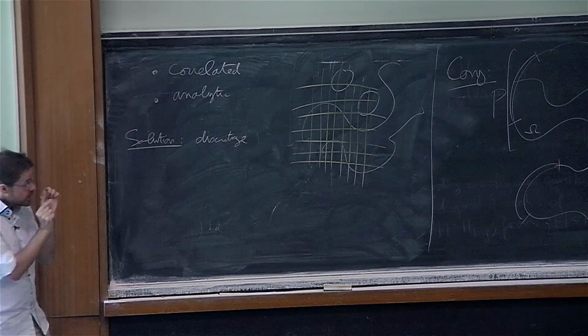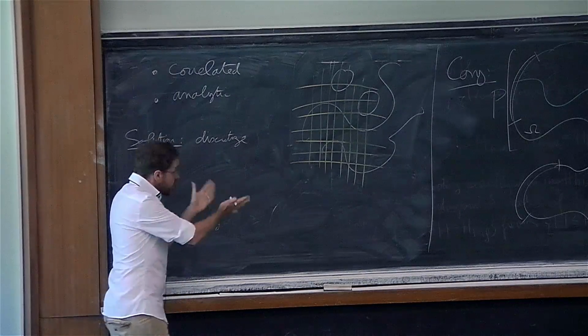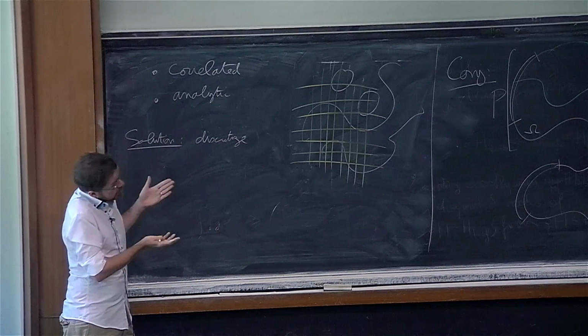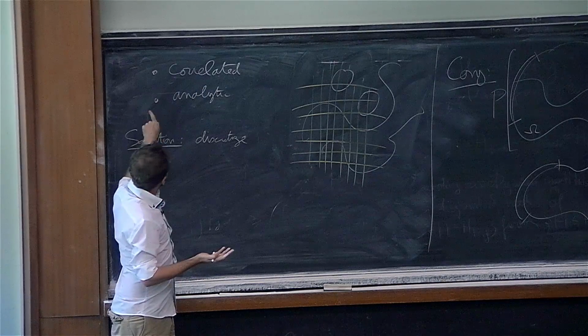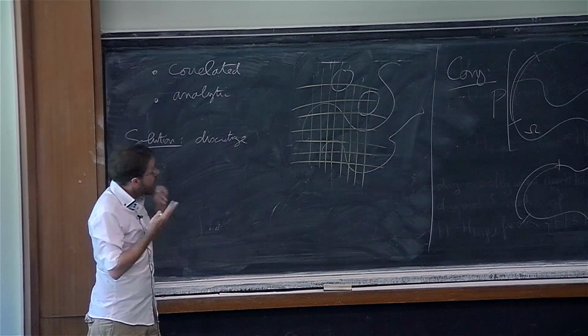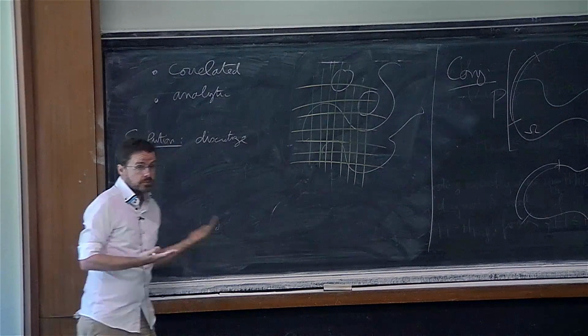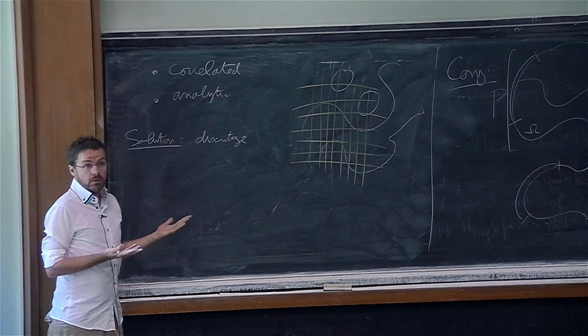So you need to find the mesh at which you discretize the model just at the right scale to have, at the same time, nice correlations, no harm from the analytic feature of the function, and enough information about the topology. And that's what we are able to do. OK, thanks.